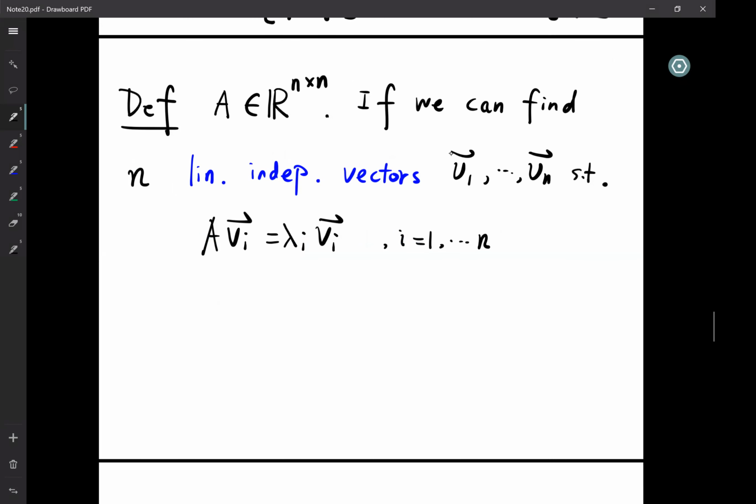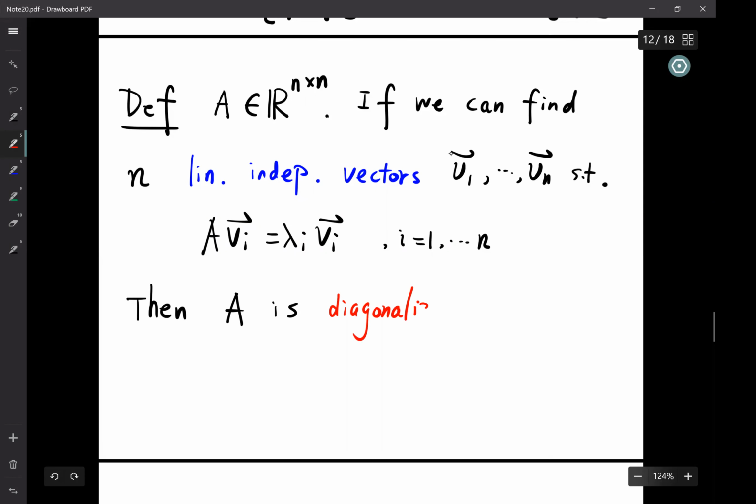So, any question? Okay. So that means each vi is an eigenvector. Then A is diagonalizable. Why is it called diagonalizable?